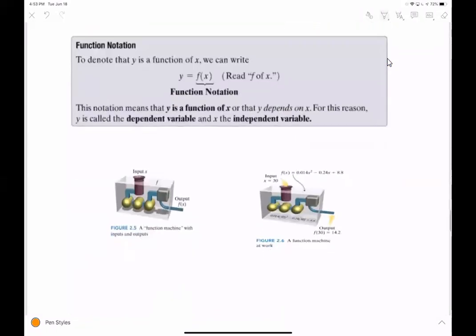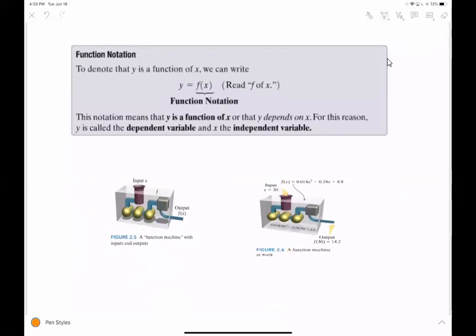We just looked at a set of ordered pairs, but we can also take equations that we know are functions and write them in what's called function notation. If we have an equation, we want that equation to be solved for y.